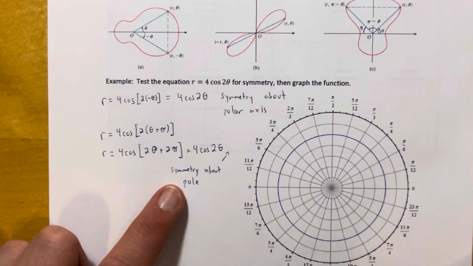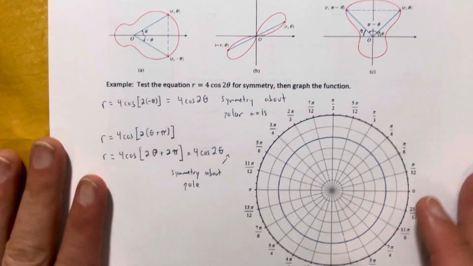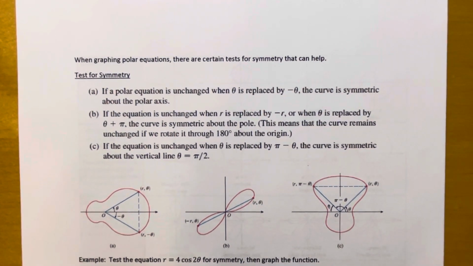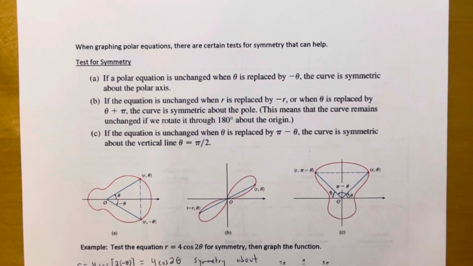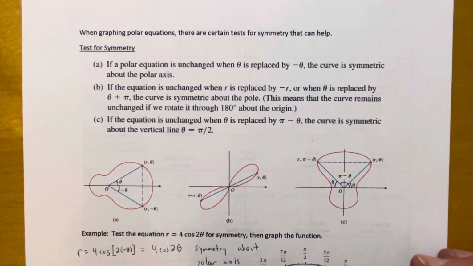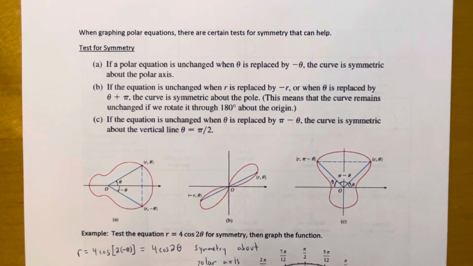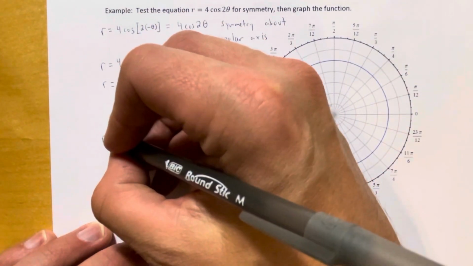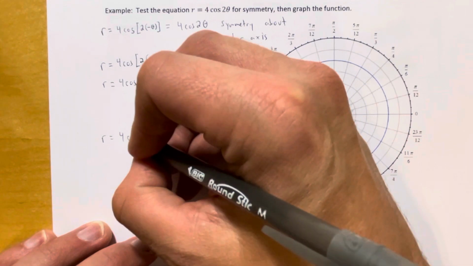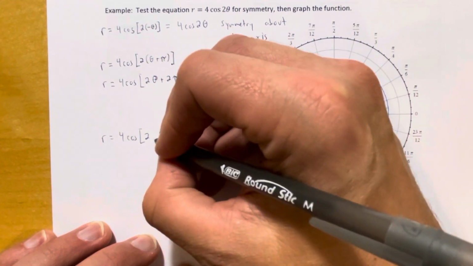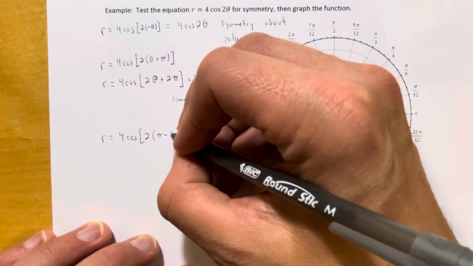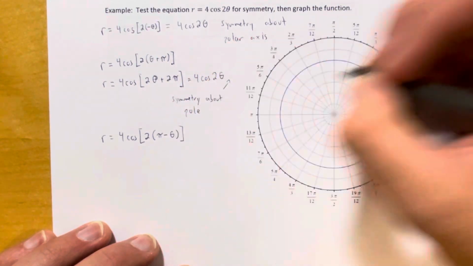Okay? Let's test for the last type of symmetry. For the last type of symmetry, what we do is we replace theta by pi minus theta. And if we get the same equation after doing that, I should have something that's symmetric about the vertical line, theta equals pi over 2, so the vertical axis. So let's do that. r is equal to 4 cosine of 2, and we're replacing theta by pi minus theta, like that.